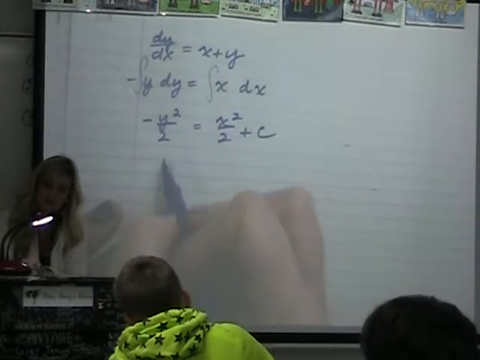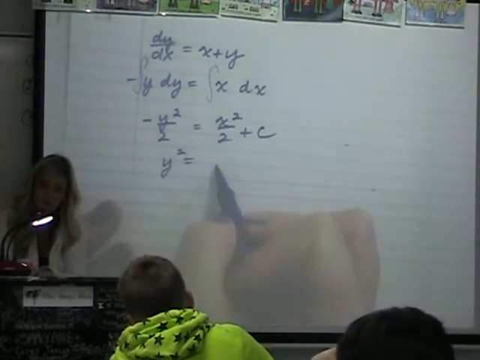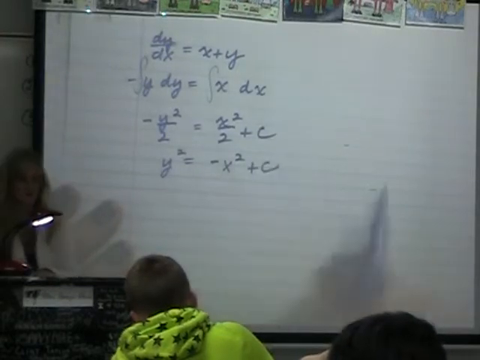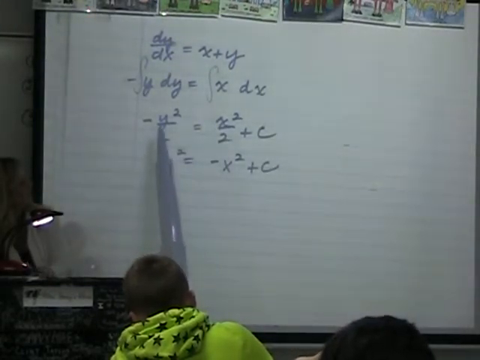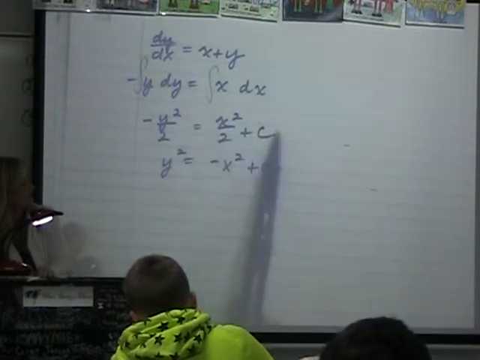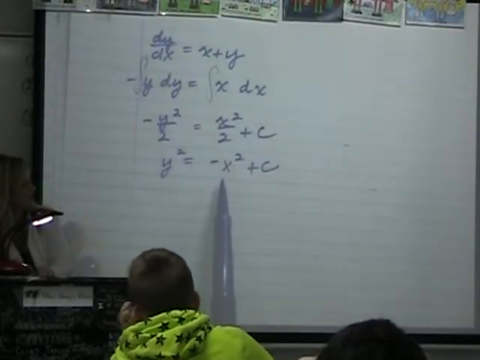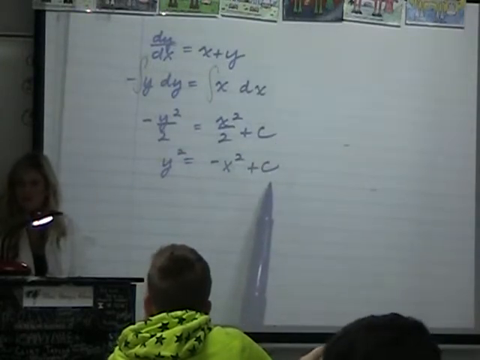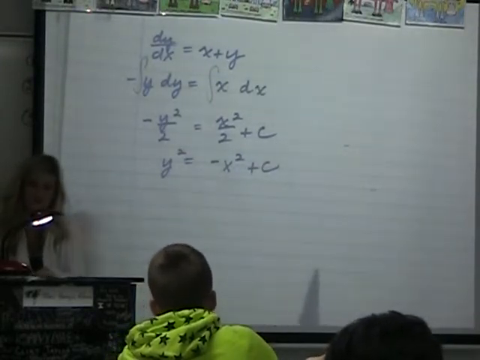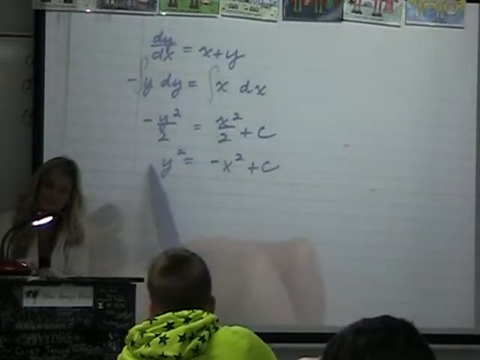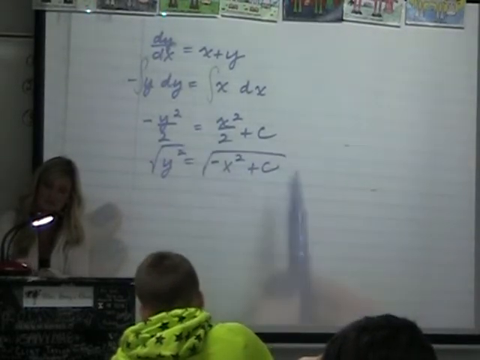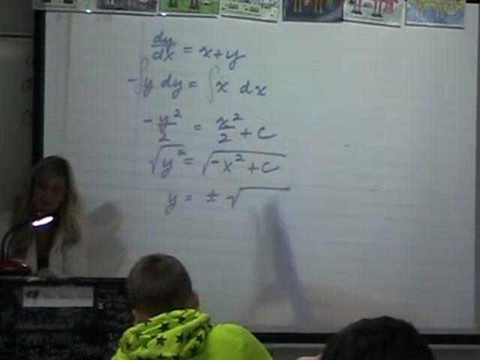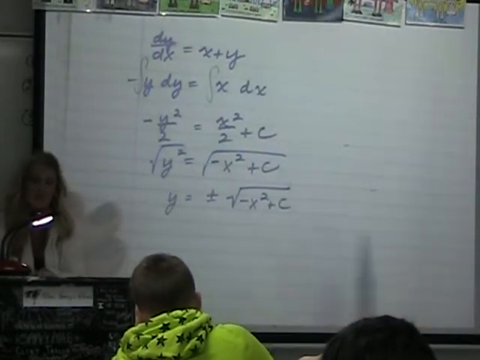Then you're going to multiply both sides by -2. When you multiply the right-hand side by -2, the 2's cancel, but you still have a negative x squared. And then minus 2c is still just c. And then we take the square root of both sides. So y equals plus or minus the square root of negative x squared plus c.